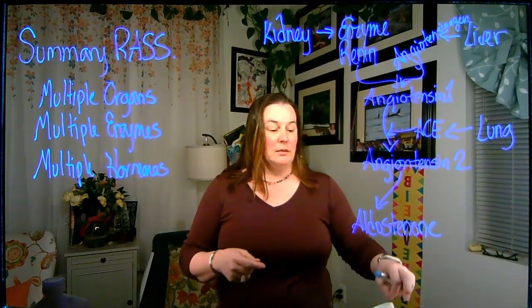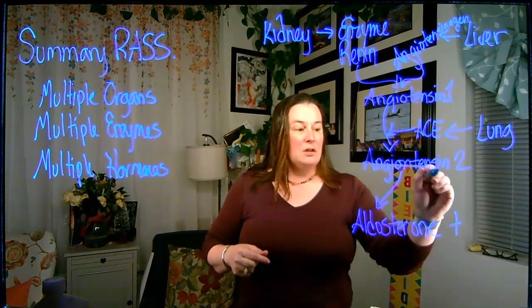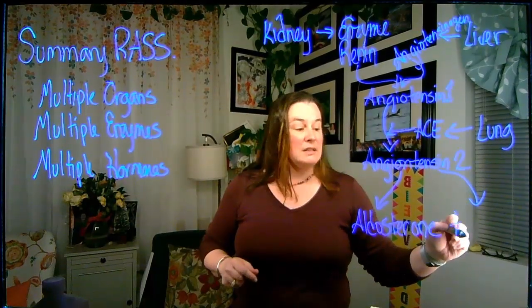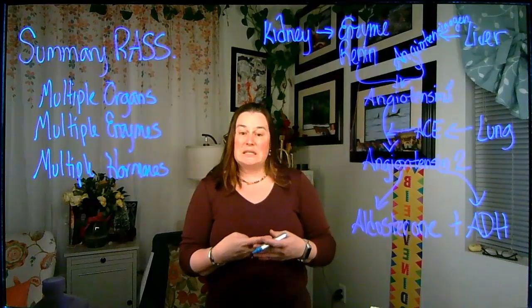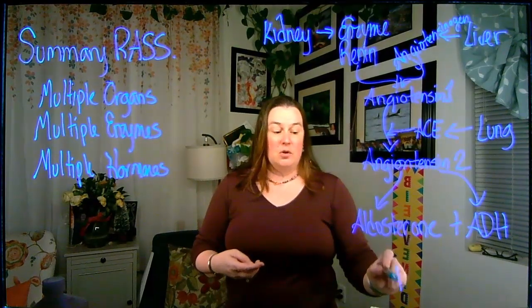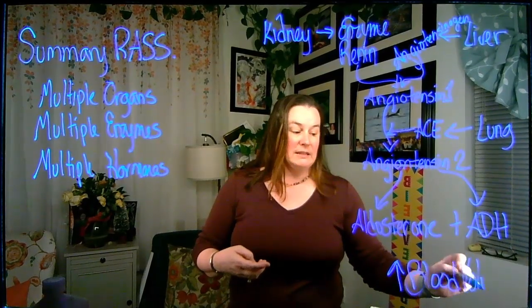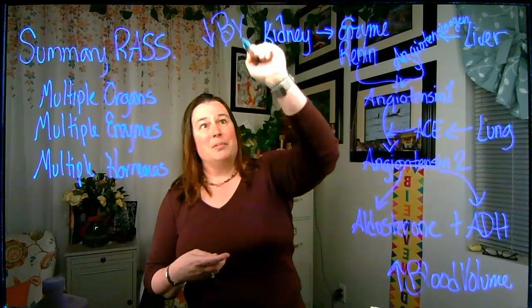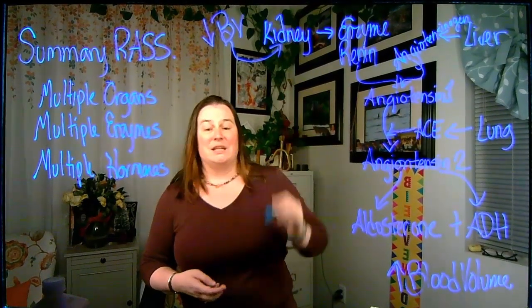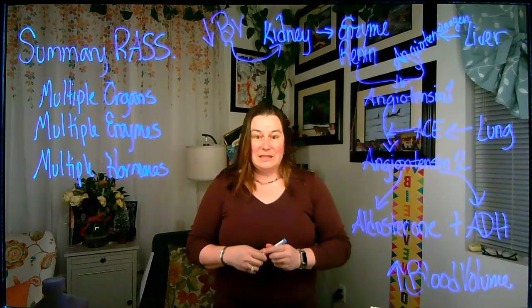And in the hypothalamus, it can encourage the release of antidiuretic hormone, so they can synergistically work together for the net result of increasing blood volume. And of course, the key signal to this was to have a decrease in blood volume. That's what the kidney was looking for to determine when these hormones need to be released.